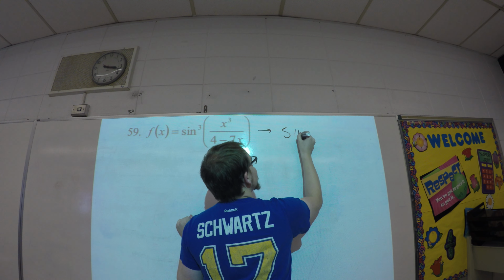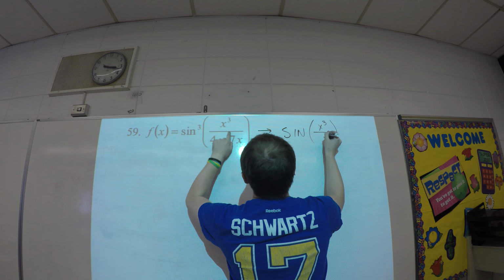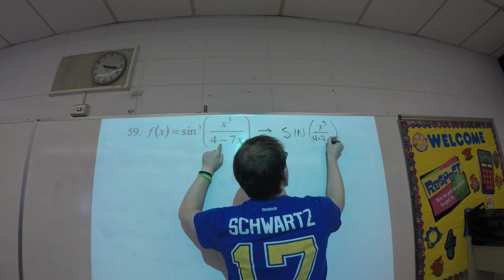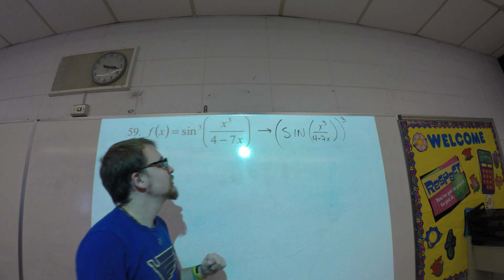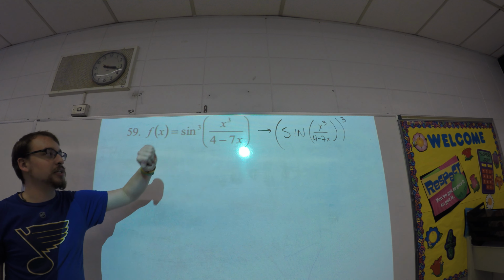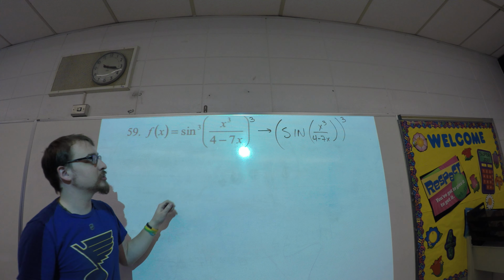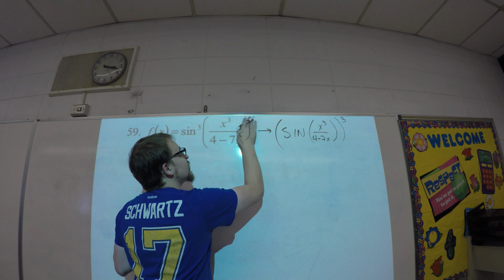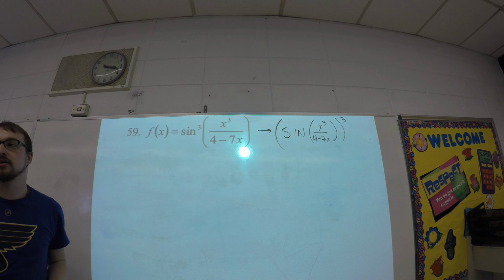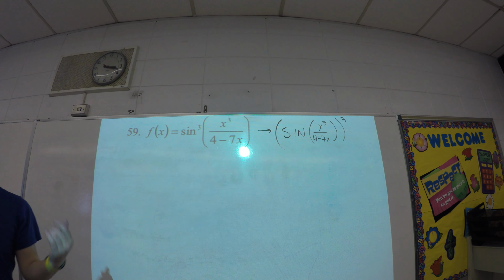All this means is take sine of what's in the parentheses, right? x cubed over 4 minus 7x. And then you're going to cube it. So all that nomenclature right here means is do this and then cube it. The reason they don't put the 3 here is because it looks like it wants you to cube this and then take sine, right? So they said, we don't like parentheses, we're going to put a 3 here. You like parentheses, trust me, okay? So put it here. Now we know what to do, right?